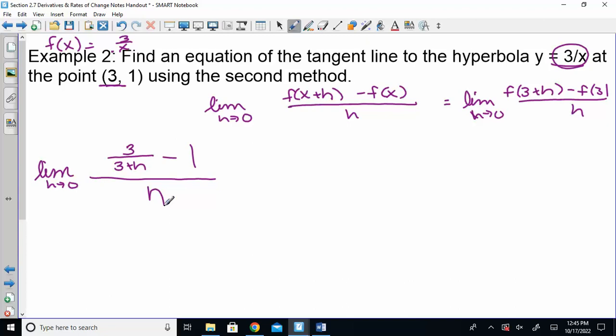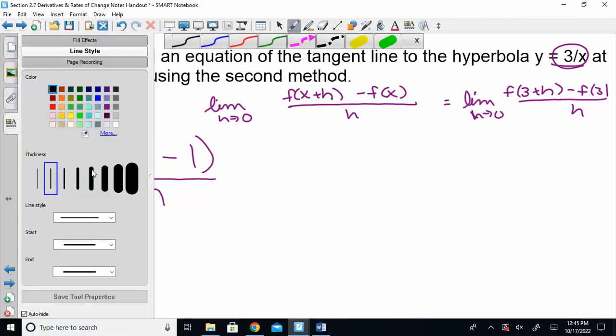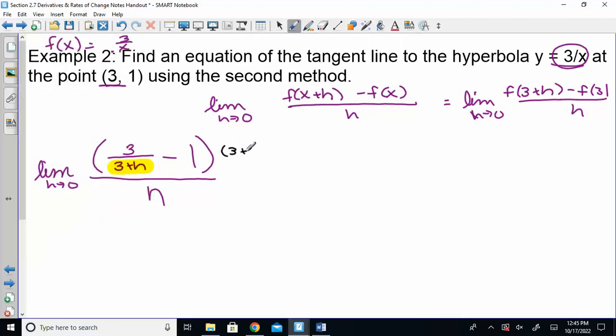Okay. Somehow, I need to clean this up. I'm hoping my h's will cancel. Do you guys remember what trick we've used when we had like a fraction and a fraction? By the thing in the denominator. So right now, if I look at this, I've got a 3 plus h in the bottom of that. So let's take everything times 3 plus h. If you do it on top, you have to do it on the bottom because we can't change our problem.